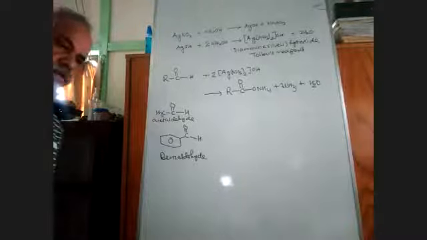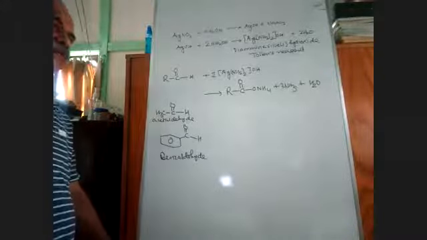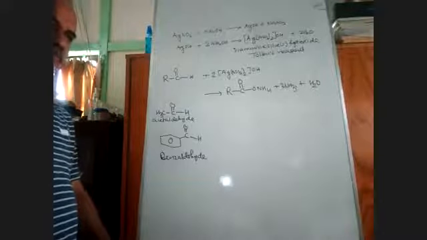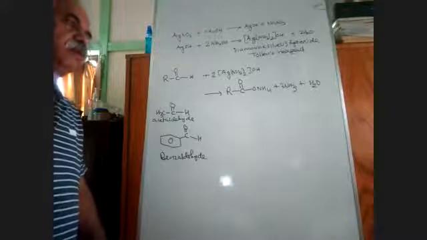Fehling solution is made of equal volume of two solutions.